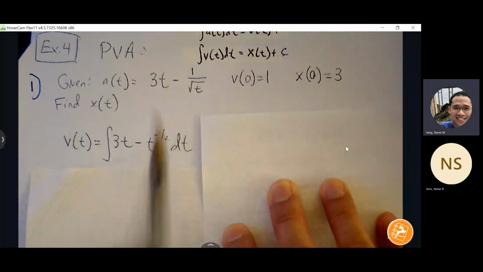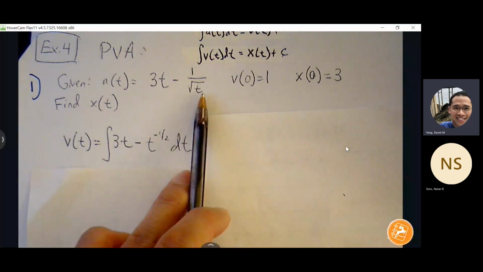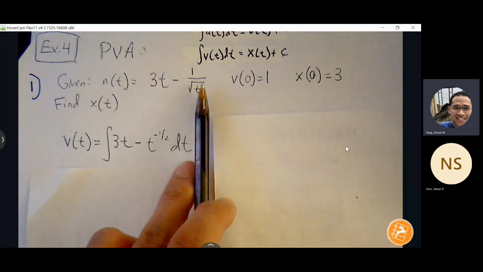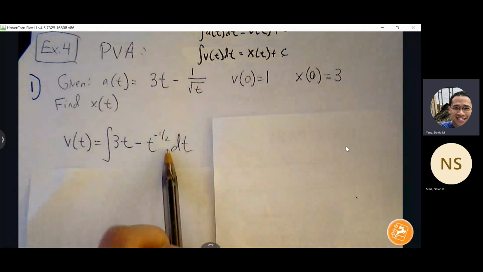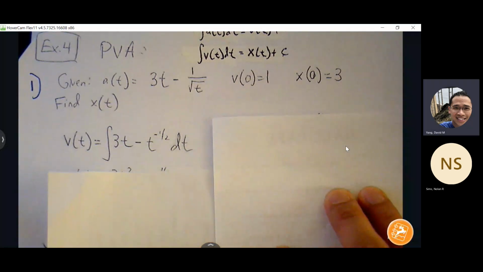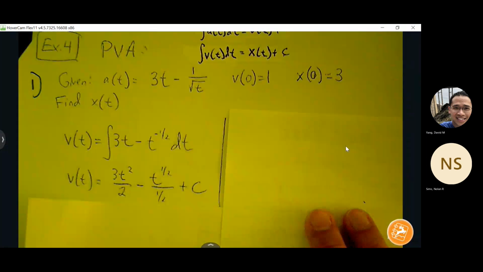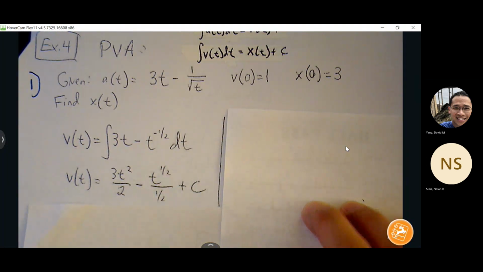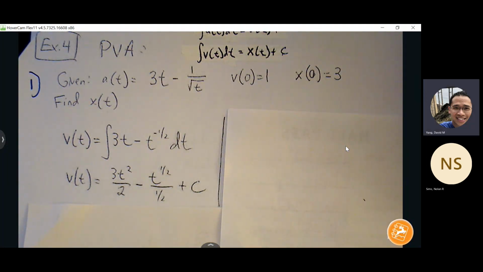Okay, so once I got that t to the 1/2 and brought it to the numerator, it became t to the negative 1/2. Now I'm ready to do power rule. 3t becomes 3t squared over 2. t to the negative 1/2 becomes t to the 1/2 over 1/2. And then plus c.